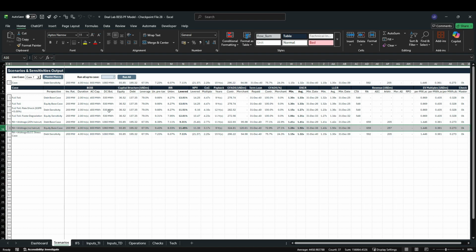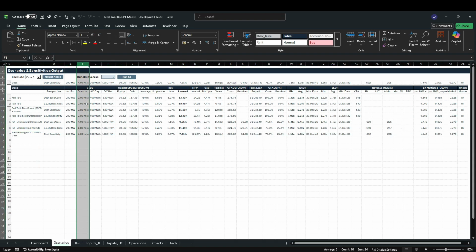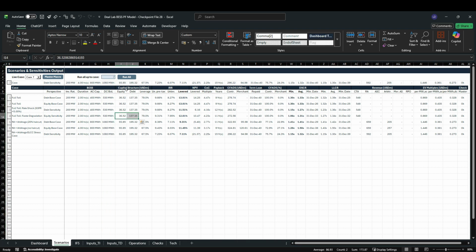You will also notice that our duration of the battery has gone up from 2 to 4 hours, meaning our DC energy installed at the beginning of life has also doubled from 530 to 1060 megawatt hours. And overall, this doubling in energy has almost doubled our capex that we need to finance. So we go from 173 to 289.